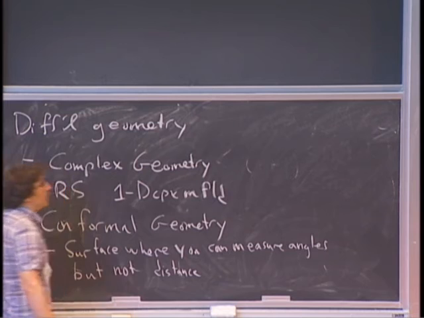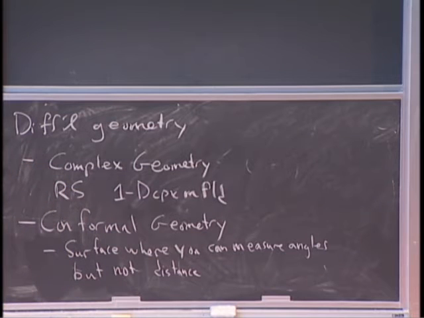To measure distance, say on a surface or manifold, you need to have a Riemannian metric, for example. But you need much less information if you just want to measure angles.